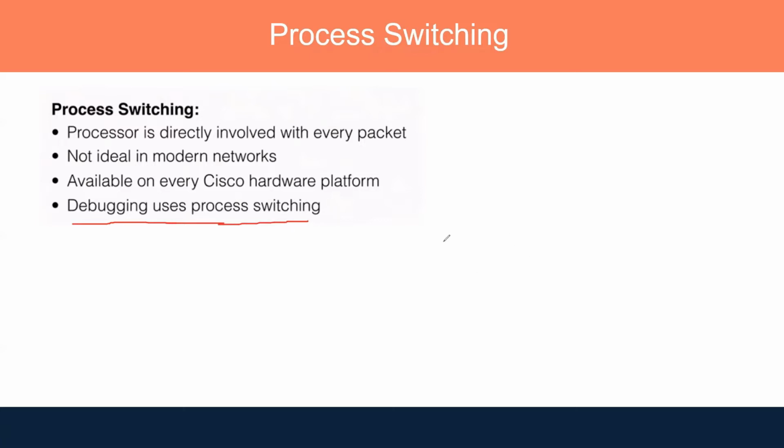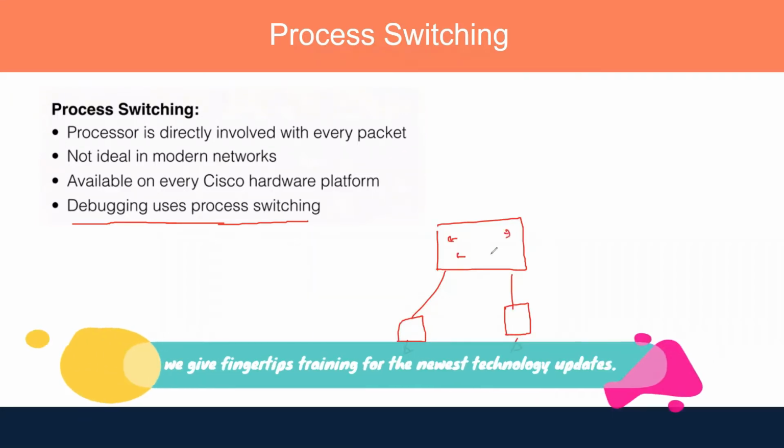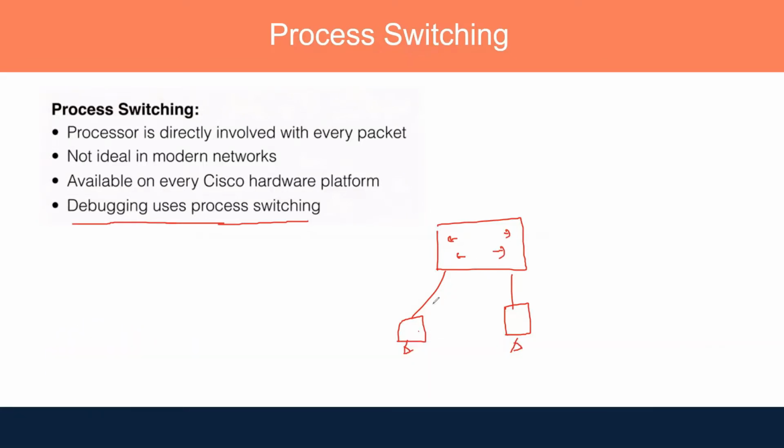So I would say, let's say this is my switch which wants to transfer the packet from this system to this system. So what happened when you transfer the packet from this system to this system? What usually happens?